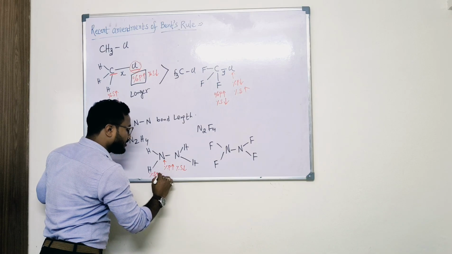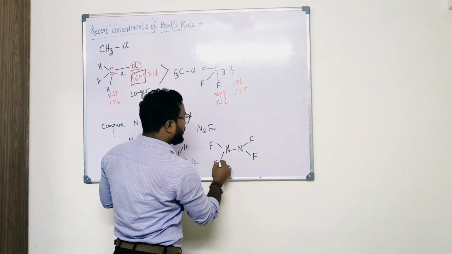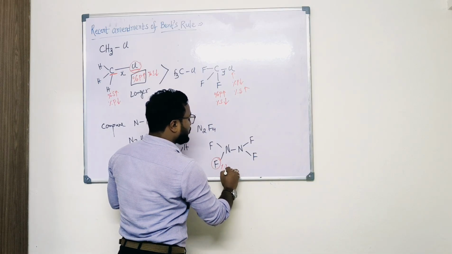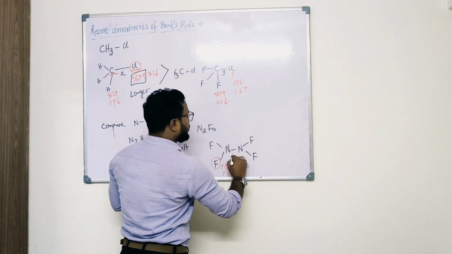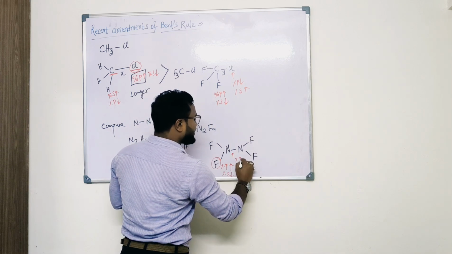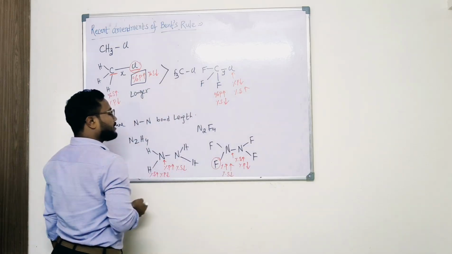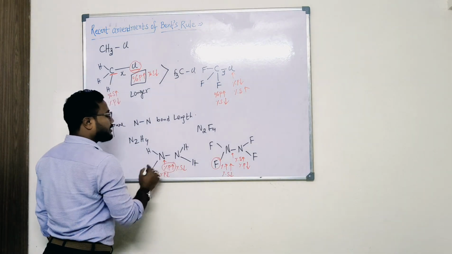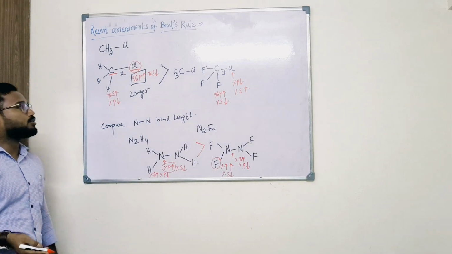Opposite happens for the other side. But in N2F4, fluorine is more electronegative, so fluorine's percent P is more and percent S less. For nitrogen, percent S is more and percent P is less. As a result, here percent P is more in this bond, so this is a longer bond in comparison to N2F4.